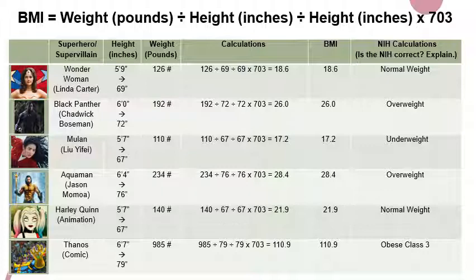Woo! That's way off the chart. So when you classify him as obese class 3, there was nothing after 40. But is he truly overweight, obese? According to the comic book, he is half eternal, like God-ish, and half inhuman.